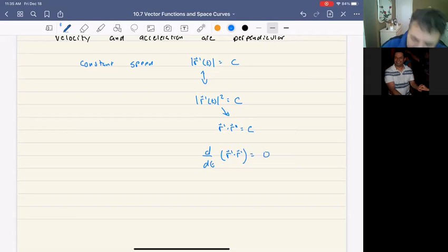But the derivative of a constant is 0. Okay, so I take the derivative of the left-hand side, that's going to be a product rule. So r prime dotted with r double prime plus r prime dotted with r double prime, so it's going to be 2 r prime dot r double prime equals 0. But now, the dot product of two vectors is 0 when they are perpendicular.